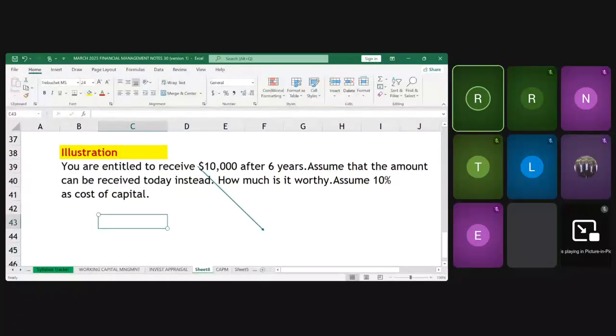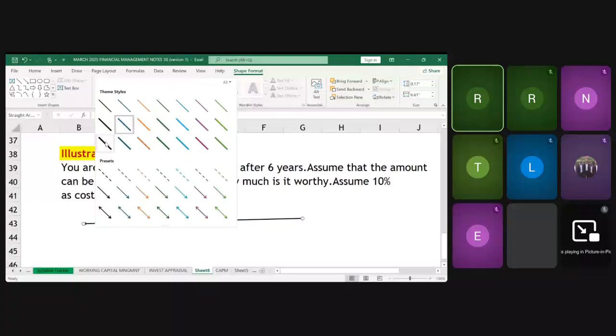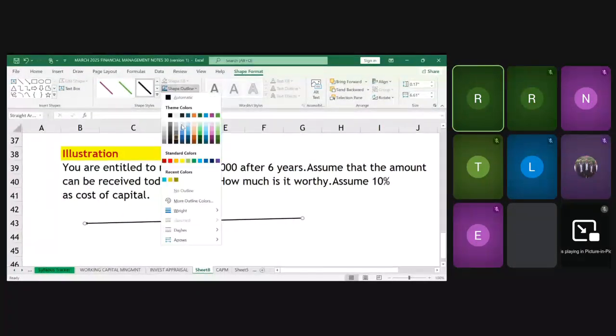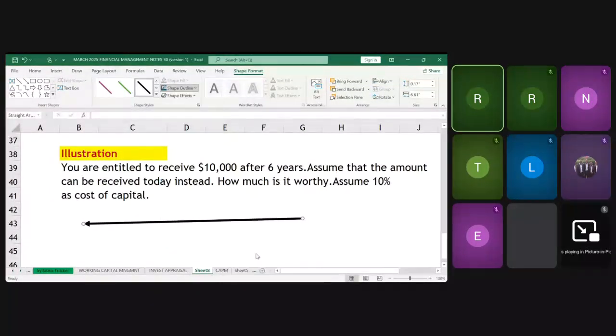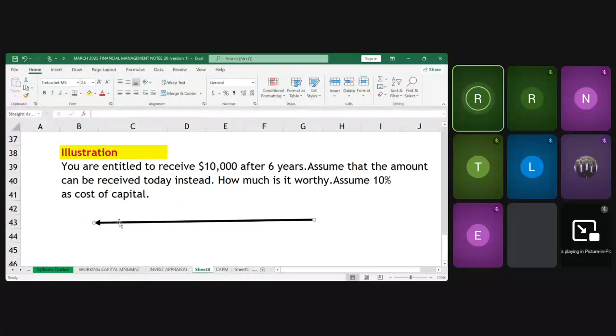Let me try and put something clear that is visible here for that illustration. I'm going to put year zero, and then year six. At year zero, what is the present value?